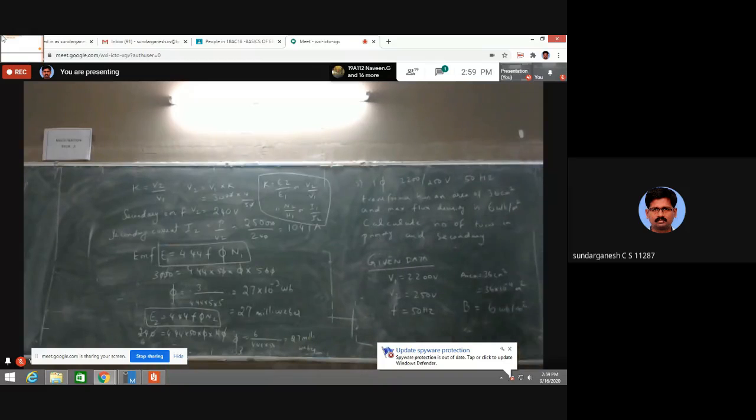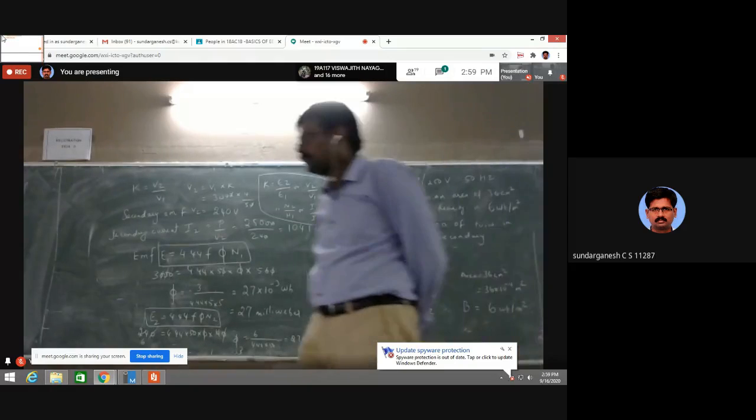So these are the given data. V1 is known, V2 is known, area is given, and the flux density is given. Now we have to find the number of turns in primary as well as secondary. Write it down.